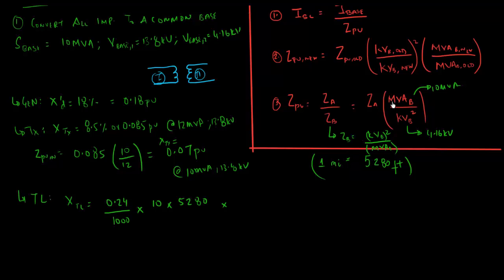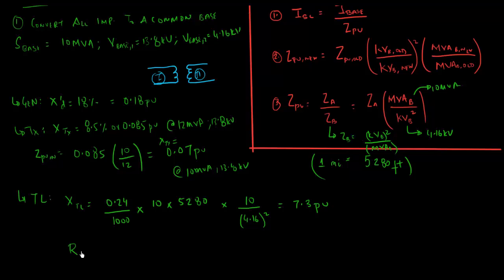And then you're multiplying it by your MVA base over your kV base square. So you'll have 10 over 4.16 square. And when you calculate this value, you should get 7.3 per unit.